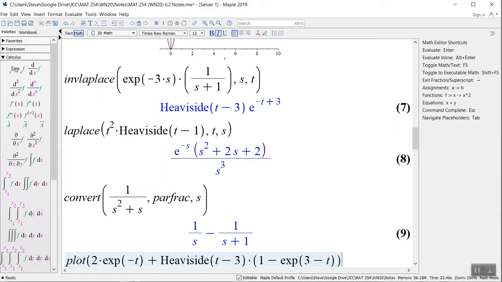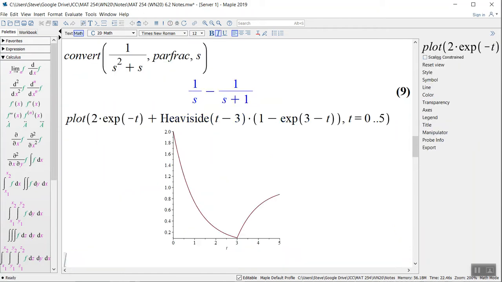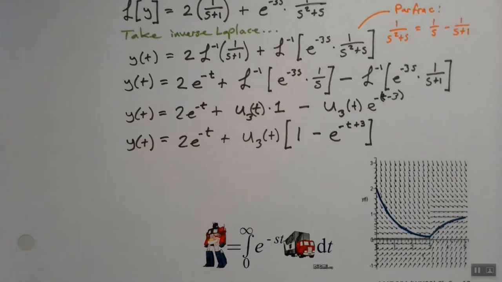Close parentheses, and let's make it go from t equals 0 to 5. And sure enough, the graph that we have here looks remarkably similar, with a little bit of scale difference, to the graph that we have there on the page.